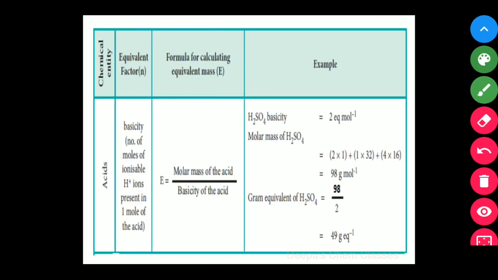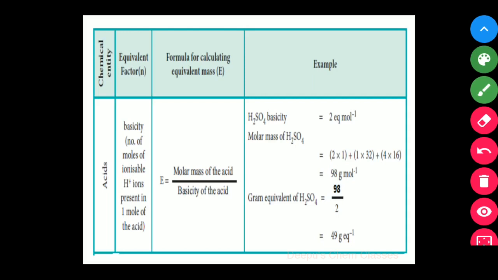But remember, it is not always possible to determine the equivalent mass based on these references. So we go for a general formula: gram equivalent mass is equal to molar mass divided by equivalence factor. Let us see what the equivalence factor may be for every chemical entity in the following tables.